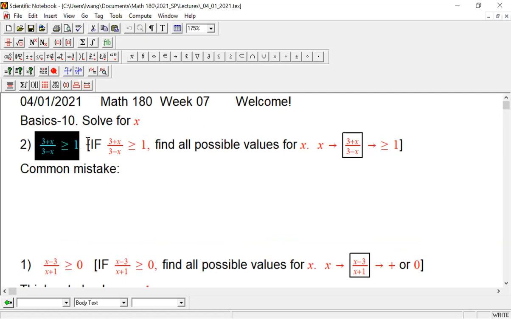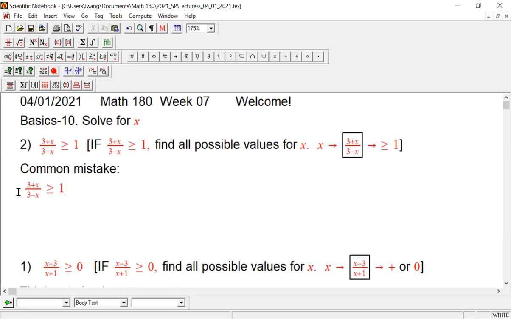Still, in this case it's even more tempting to multiply both sides by 3 minus x. Do you guys agree with me? Very tempting. Look at that. If I multiply both sides by 3 minus x, voila, everything becomes so much simpler, and then I'm almost home.